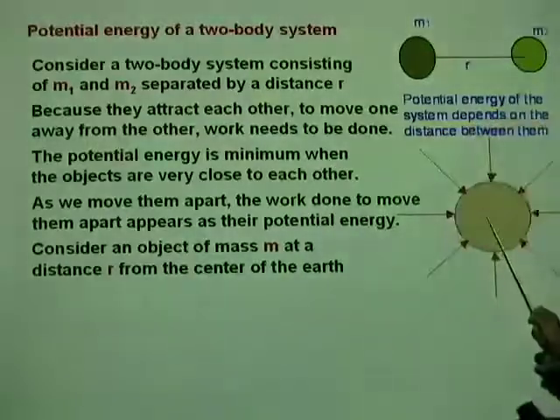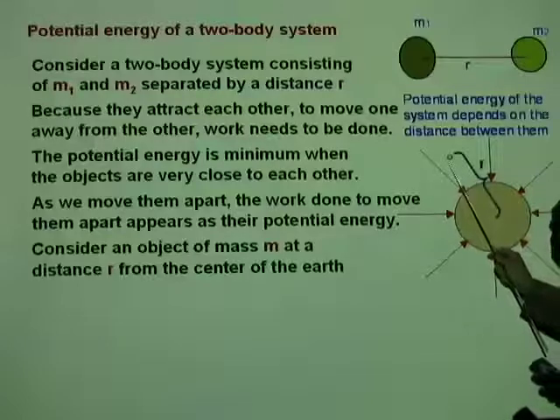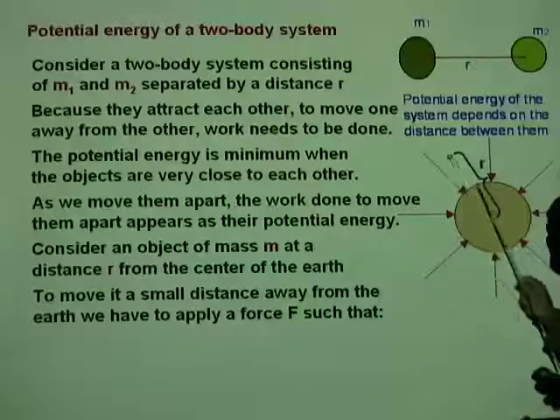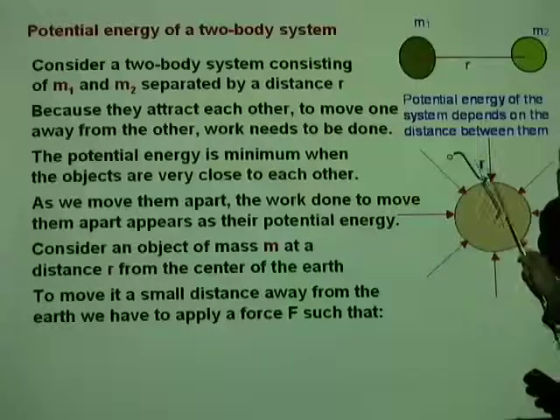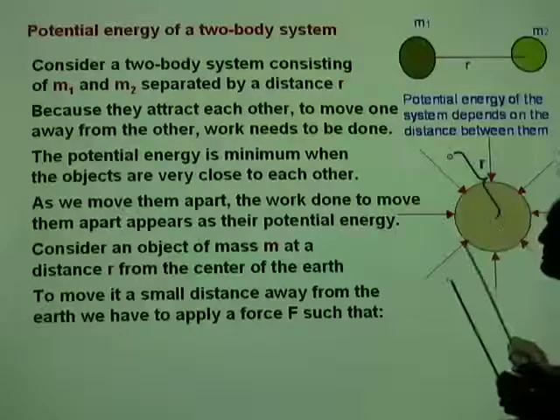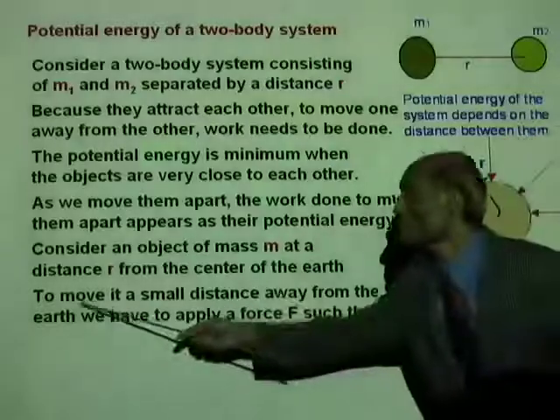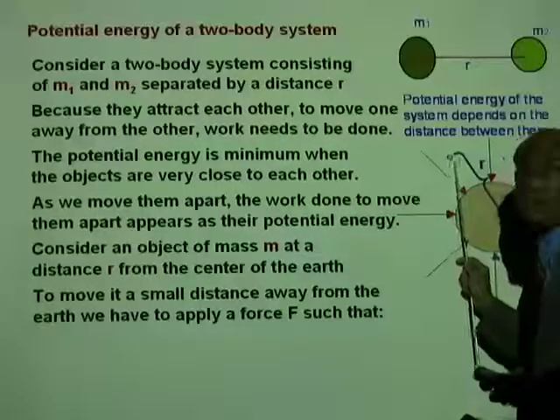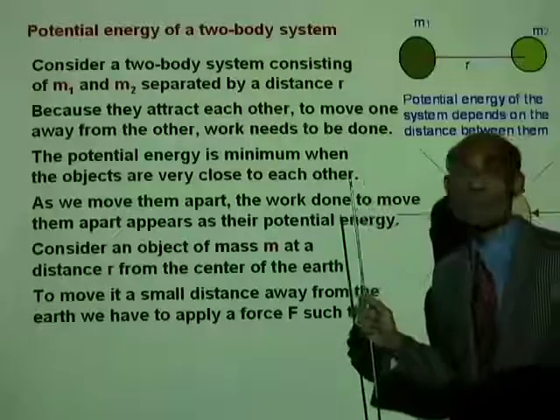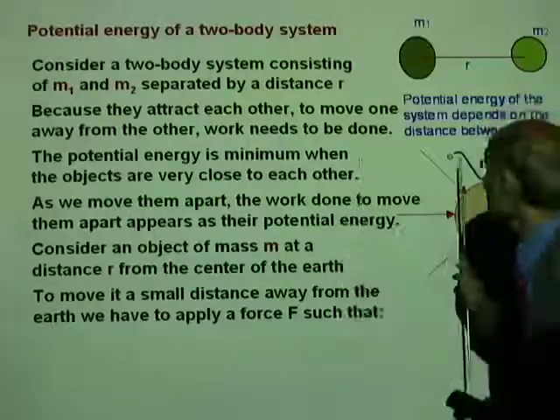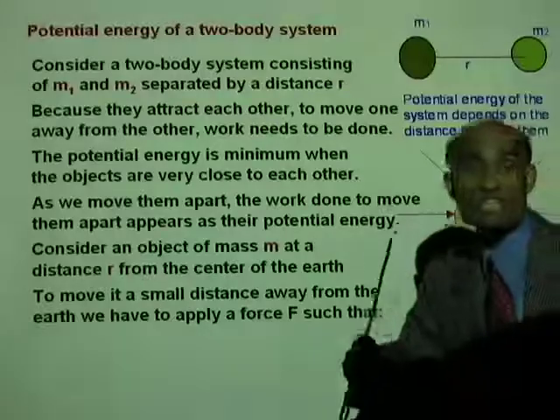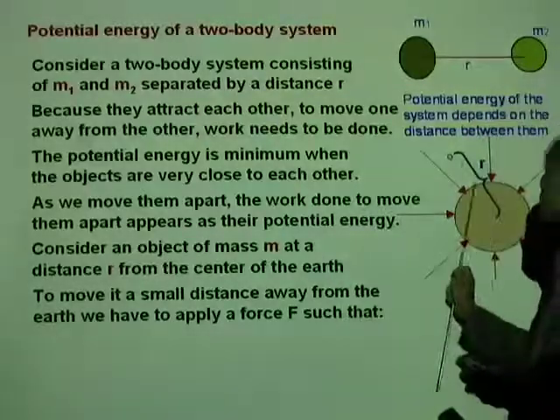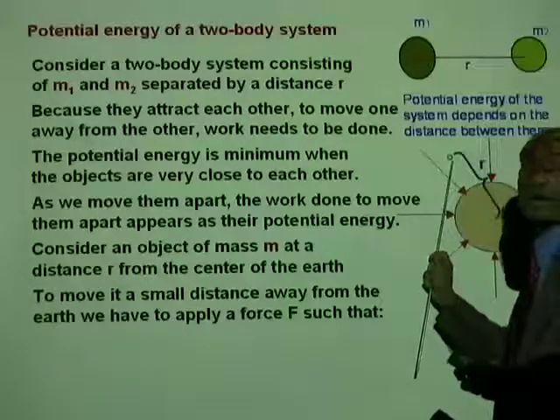Now here is the Earth, and this is the object of mass m at a distance lowercase r from the center of the Earth. To move this object, now remember, there is a force on this. What is the amount of force? The amount of force is uppercase G times M_E m over (R_E plus h) all squared.